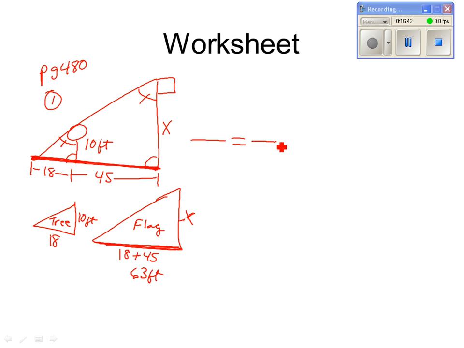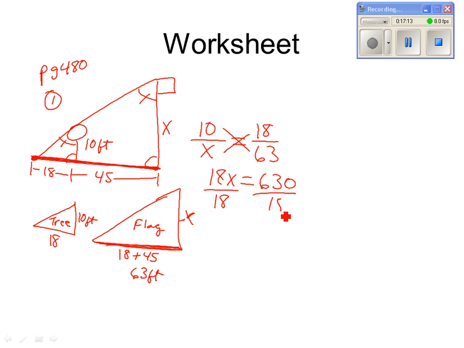Then you can set up your proportion. The height of the tree, which is 10, compares to X. You could have switched those around. The same as 18, that's the tree's shadow, compares to the flagpole's shadow, which is 63. We cross multiply: 18X equals 10 times 63, which is 630. To find X, you divide by 18.